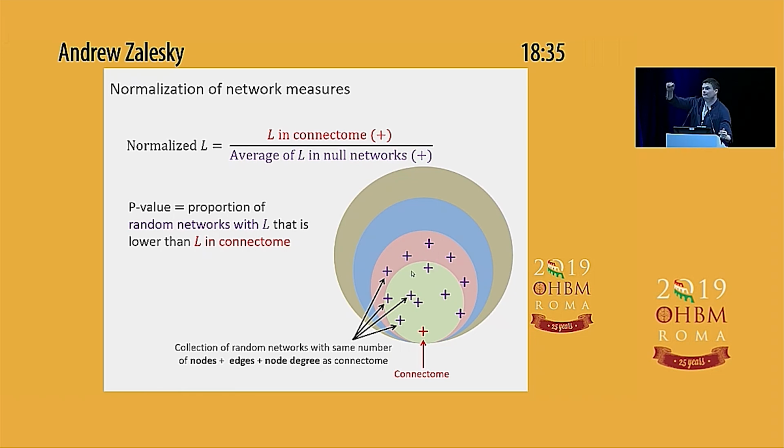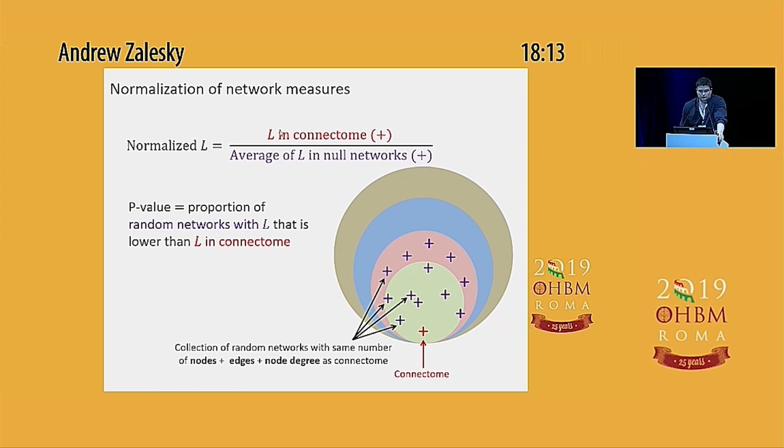So we keep sampling random networks from this space that preserve these three properties. And we can compute the average path length. So if we're interested in path length, we can compute the average path length across those null networks, across those random graphs, and compare that to the path length in our real network.